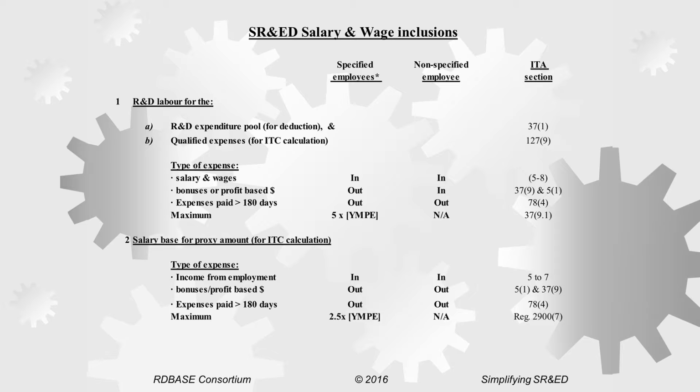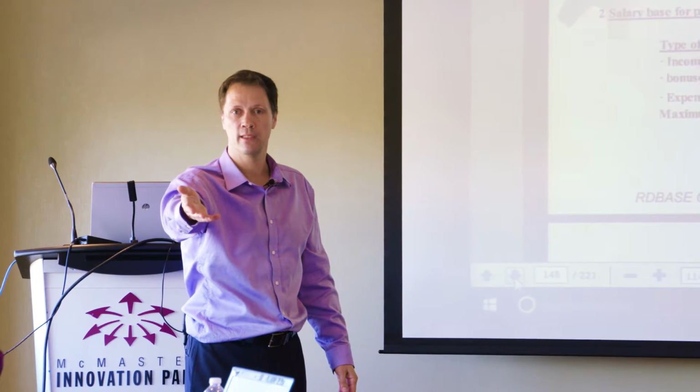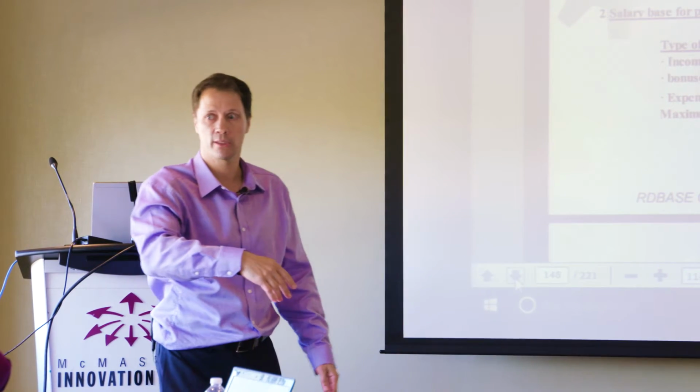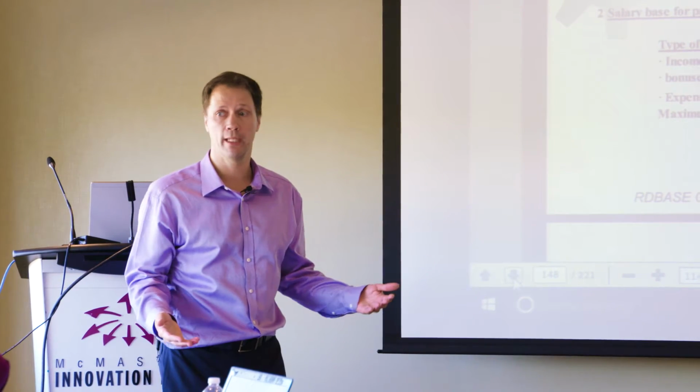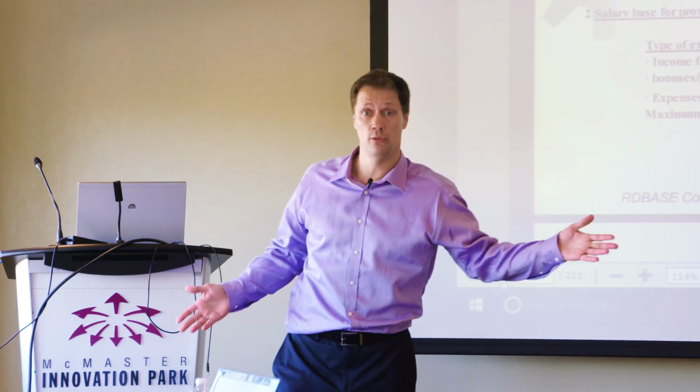I could have set your salary last year so that you're at least going to max out the 5 times YMPE. Okay, so I'll say, well, if you're a 50% SR&ED and we want to hit around $250,000 limit, let's pay you a $500,000 salary and we'll pay the other $1 million as a bonus. Okay? You pay the same tax either way. But the difference is, one, you get the credits, and the other, you don't get any credits.